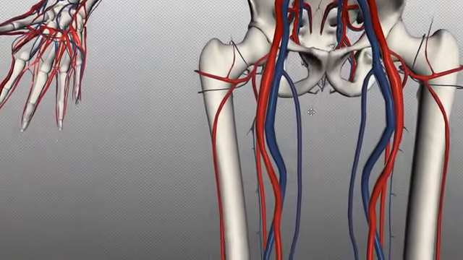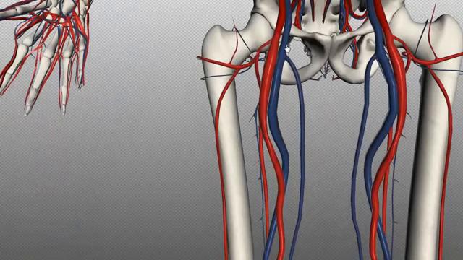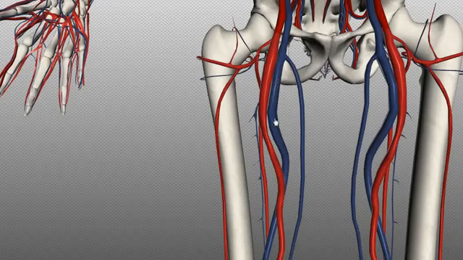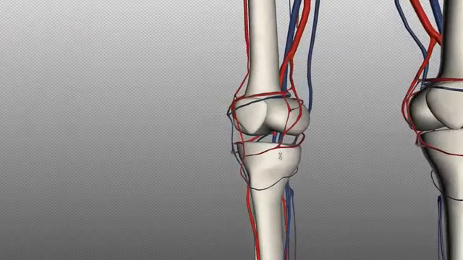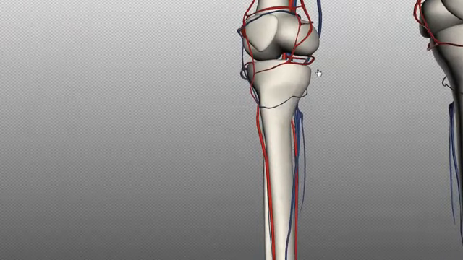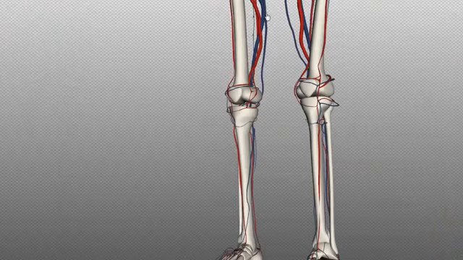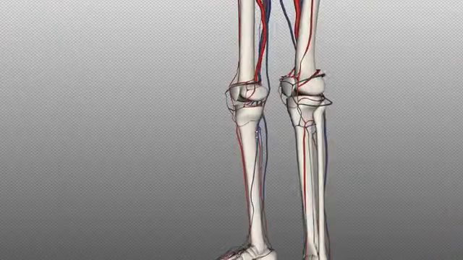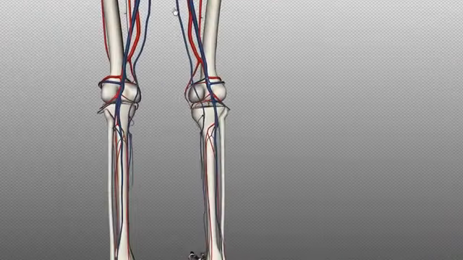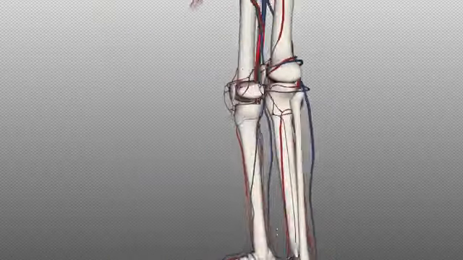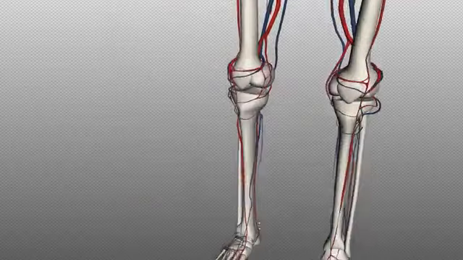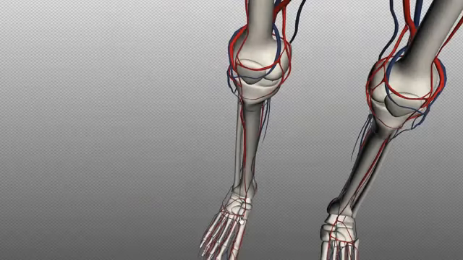Working our way down, the external iliacs are formed from the femoral vein, and this long vein which runs down the entire length of the leg on the medial aspect is called the long saphenous vein. It runs all the way down the medial aspect of the leg to join the dorsal venous plexus of the foot.